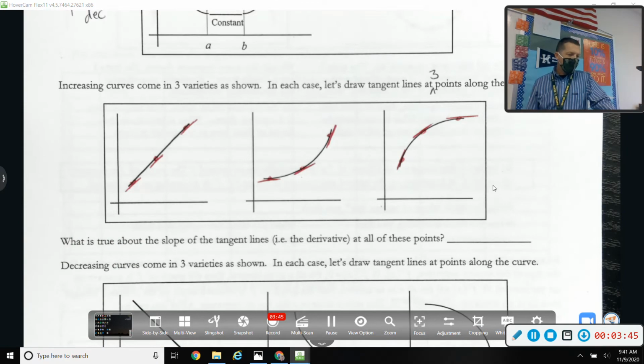Okay, the question then is, what is true about the slope of the tangent lines at all of those points? So we did 9 points. What's true about all 9 slopes? Be careful. I wouldn't say the slopes are increasing, but they are positive. So f prime is positive.